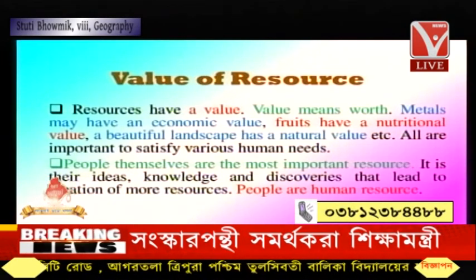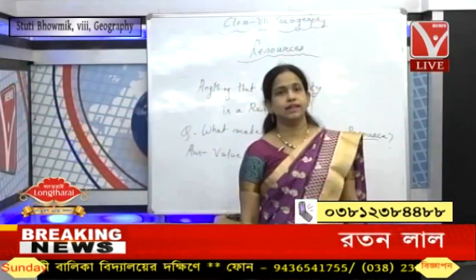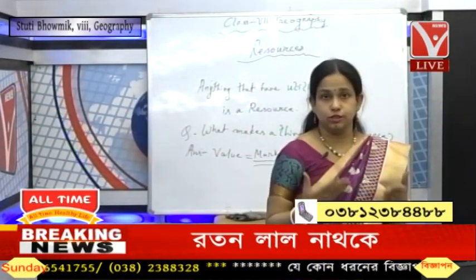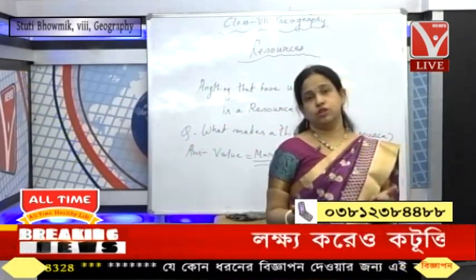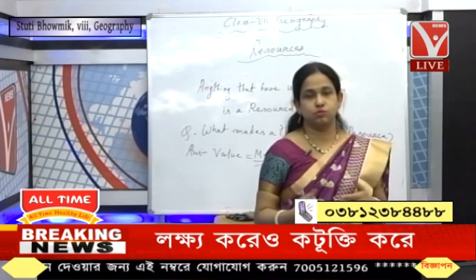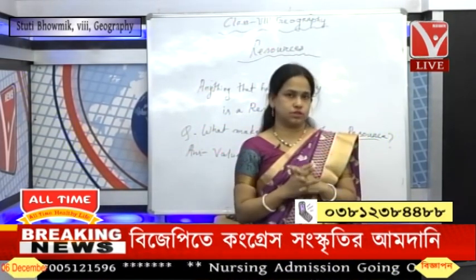All right, a thing cannot be a resource until and unless it is identified, until and unless it is signified, until and unless it is used, and also on the contrary, it should be on the demand by the human being.